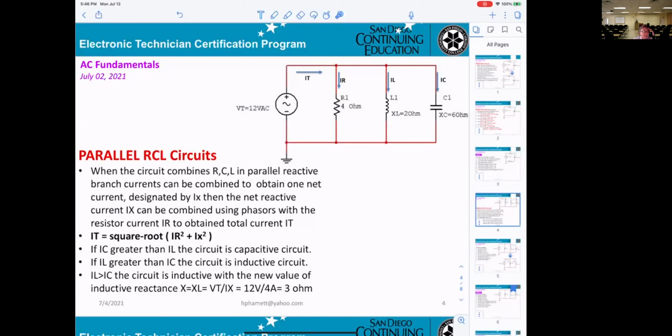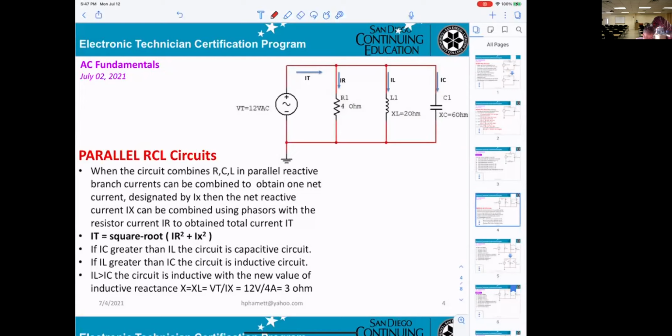Okay? So that will tell you which one is higher, XC or XL. And in this circuitry here, I believe you calculate the IL.